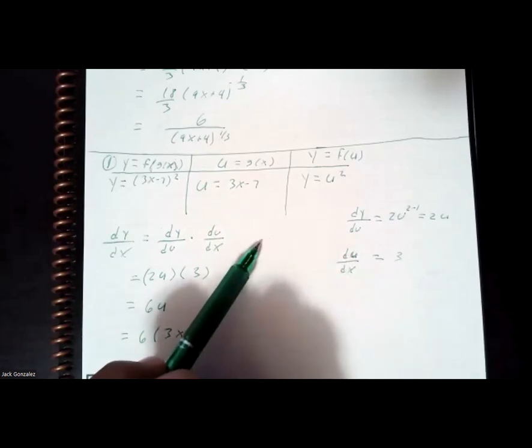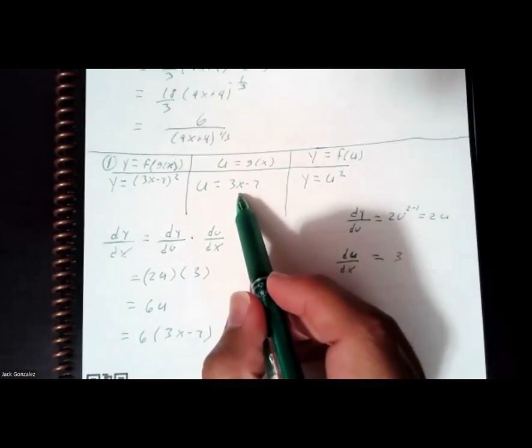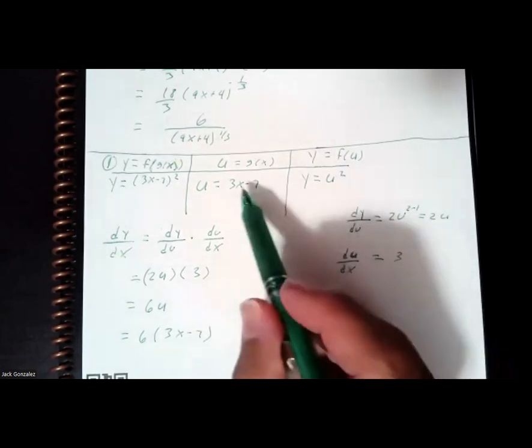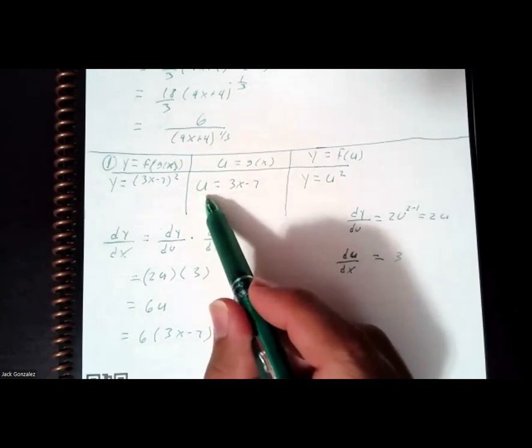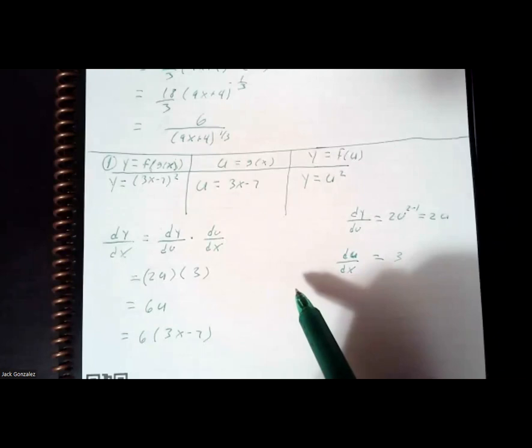I'm kind of confused because I didn't get how it's the derivative 3. What's the derivative of 3x? 3. And derivative of a constant? 0. So the derivative of u with respect to x is 3. Okay. Got it.